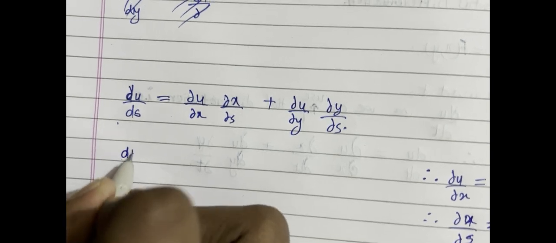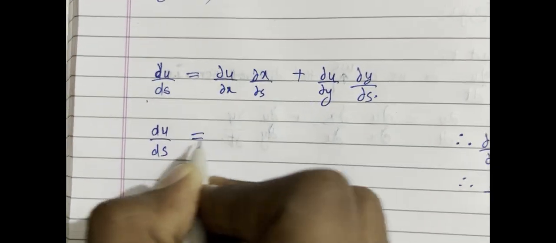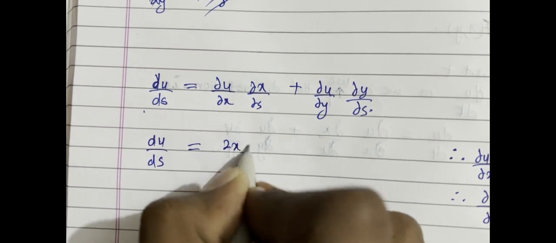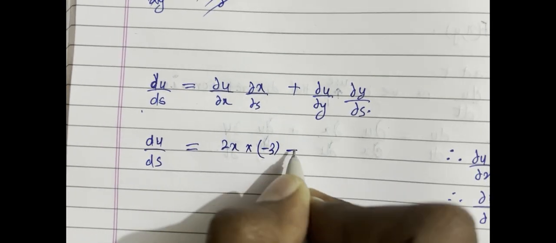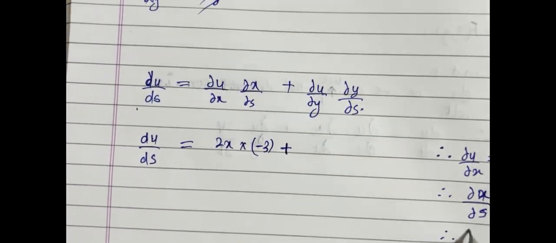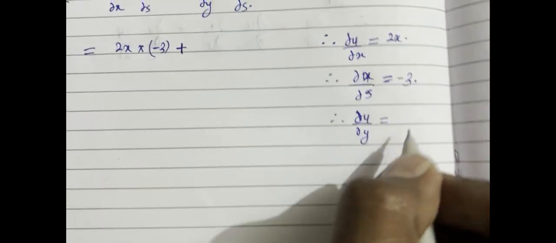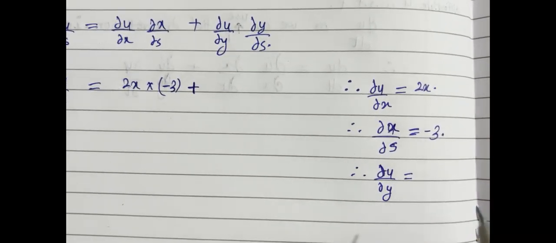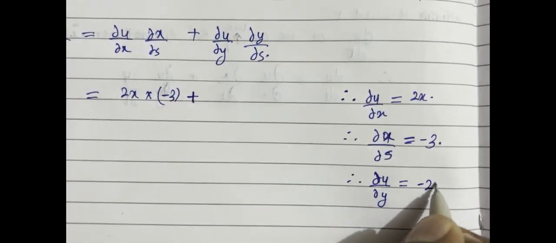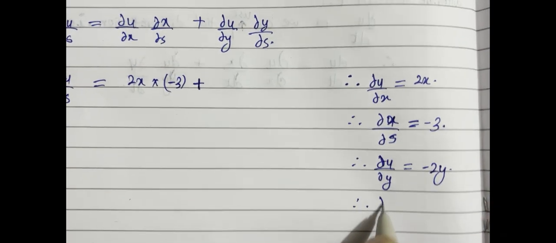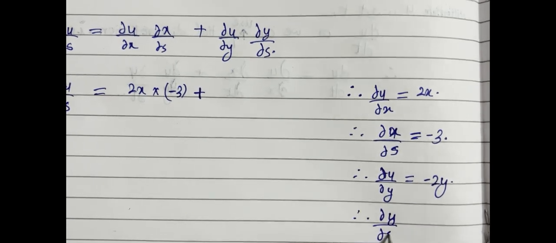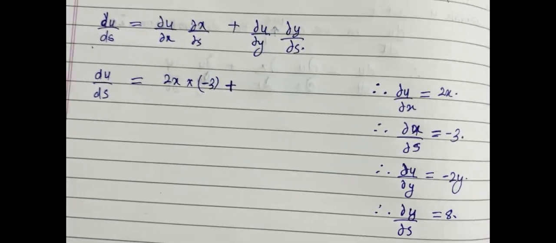So du by ds is equal to 2x into minus 3 plus dou u by dou y, which is minus 2y, and dou y by dou s equals 8.